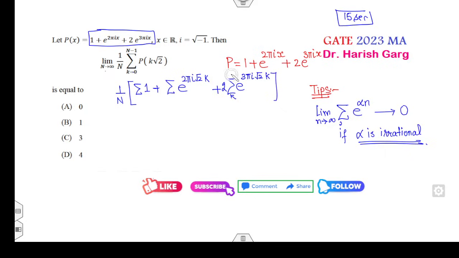Fine, k is from 0 to infinity, because alpha, you can see this number is my alpha, which is irrational, that term will go to 0. This is again irrational, that will go to 0. And what is the limit of this case? That is my n divided by n, because how many are there? 0 to n minus 1. How many are there? n. So n by n is 1 is the right answer of the problem.